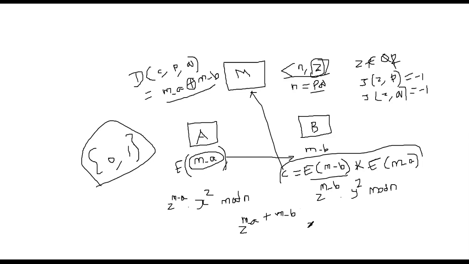The x and y will be rewritten like this, xy power 2. Okay, we can rewrite it this way. So what is this structure in mod n again? This is also in mod n. So this means that Bob is sending the encryption of m_a plus m_b to Mark. Okay.